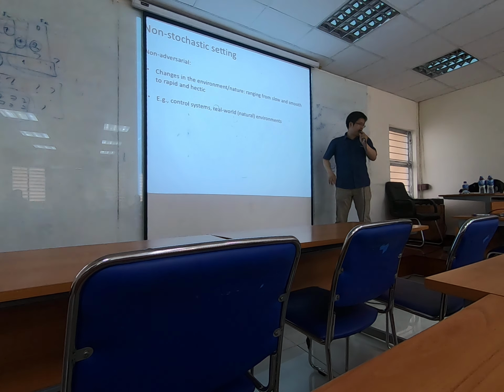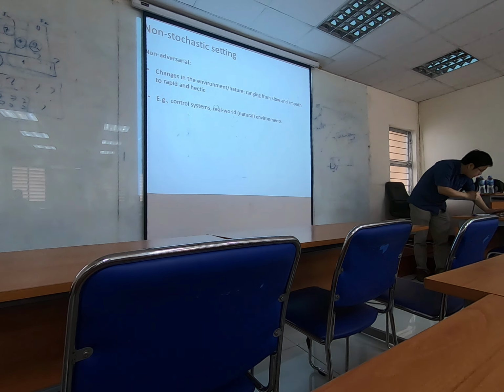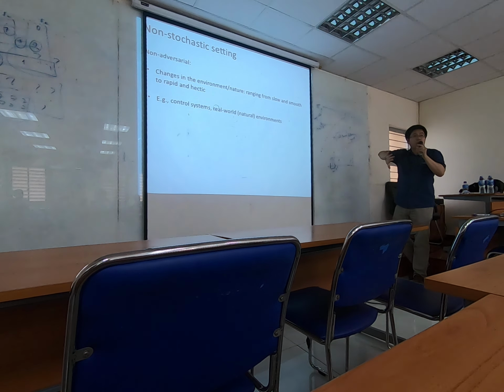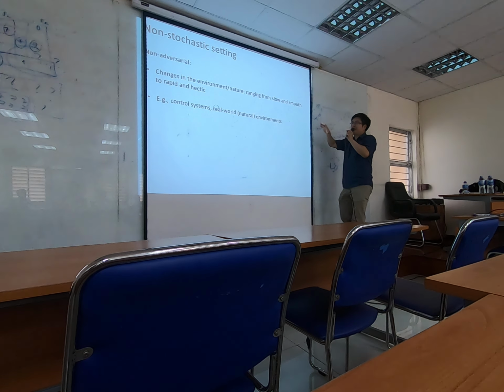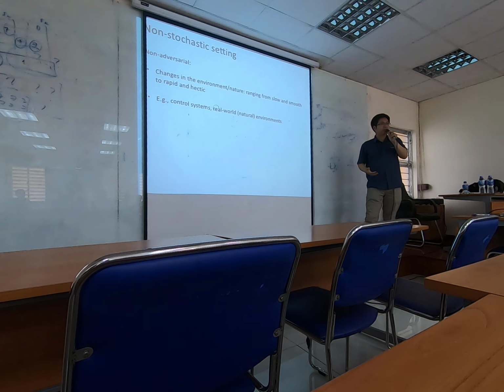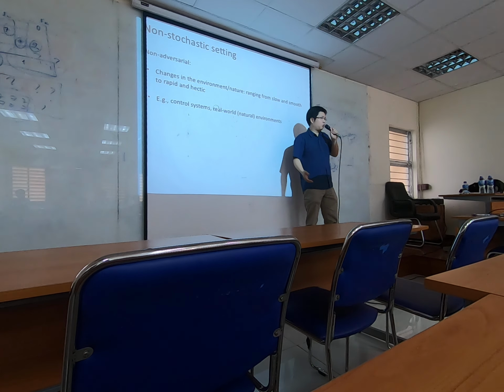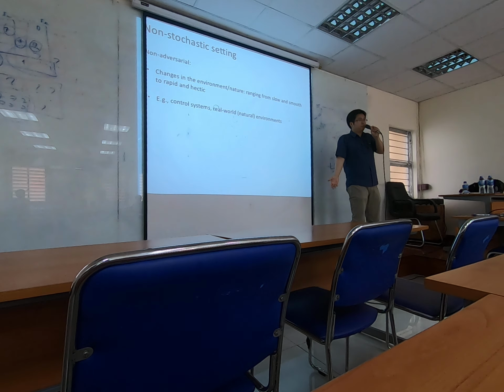The second motivation, for the second motivation, let's go back to the classical nature situation. Now we assume that nature doesn't want to fool us, but it changes over time.